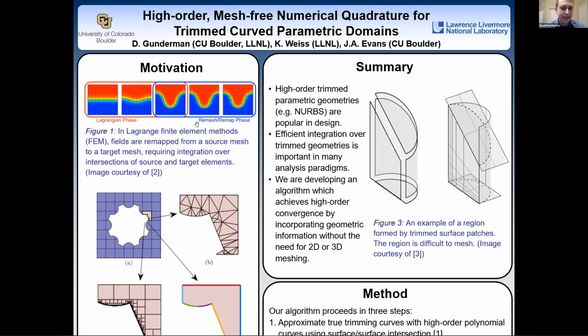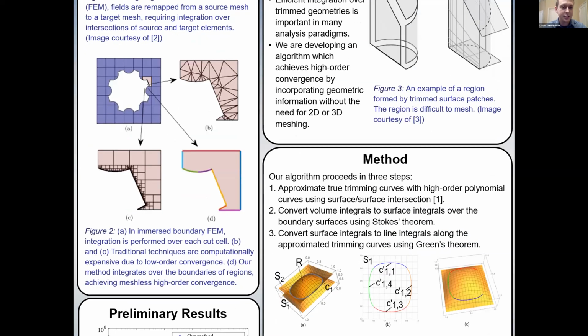The second method that we're interested in applying this to is the immersed boundary finite element method, which has become pretty popular in the past decade or two. In immersed methods, the geometric boundary, like this gear here, is overlaid onto a simpler background mesh. Integrals over cut cell geometries, like this pink cell, have to be computed to high accuracy during simulation.